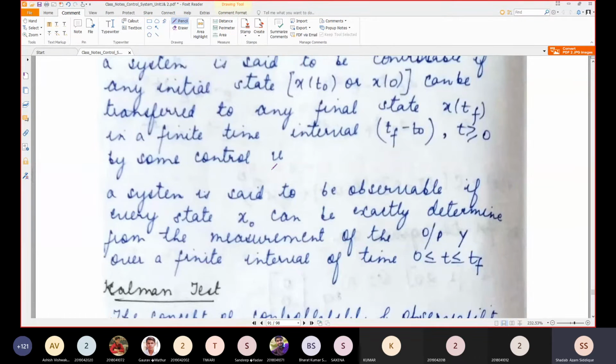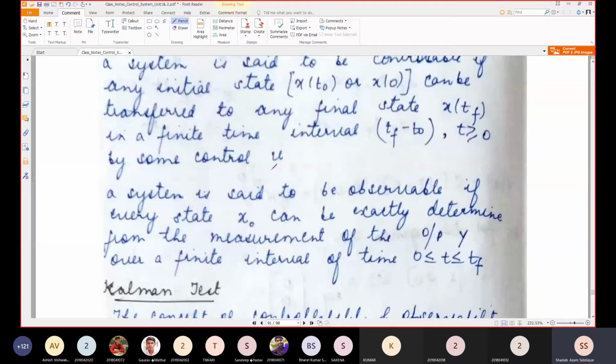So that means your system is controllable. Now observability means you are able to find every state from the output over a finite interval of time between time 0 and time tf.